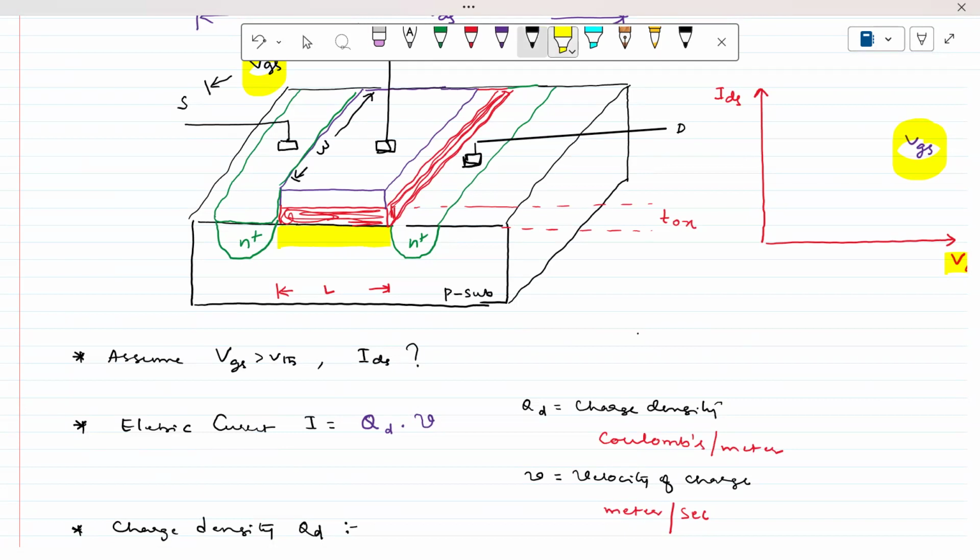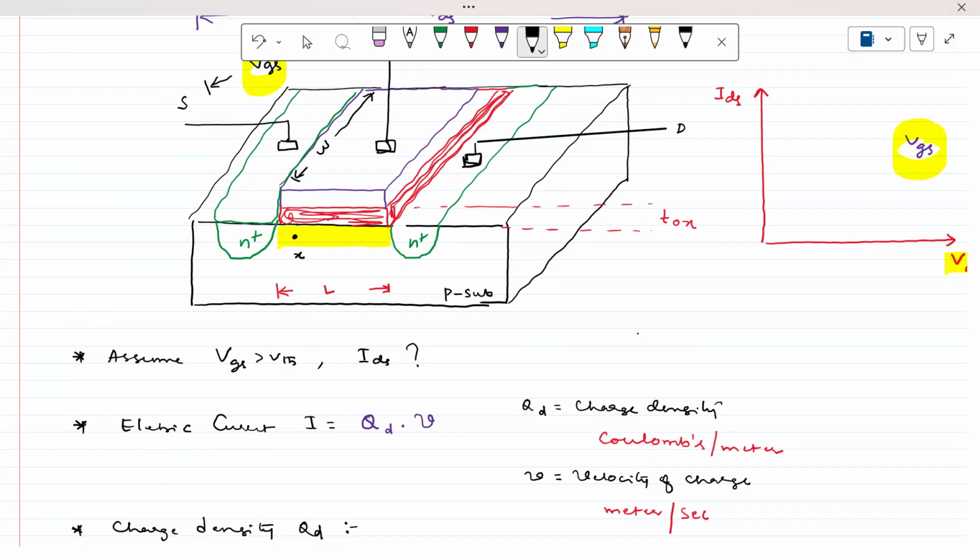I want to calculate at a point X whatever the charge density is there, based on the capacitance there. Once I know the charge density at a particular point, and integrate throughout the length, I will get the total charge. Is this point clear to everyone?